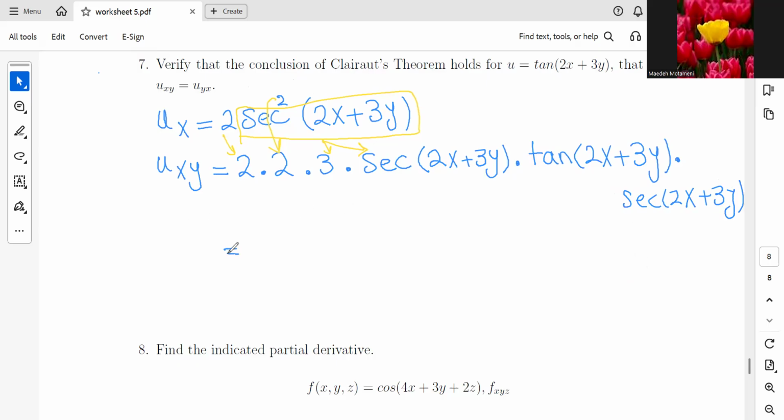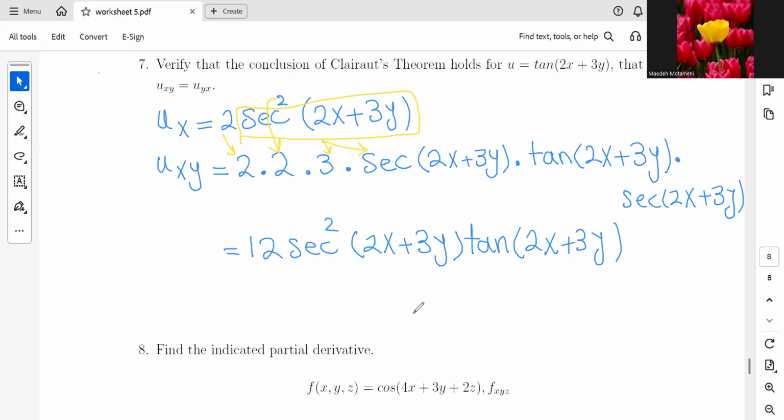And after simplification, that would be 12 secant squared of 2x plus 3y times tan of 2x plus 3y.